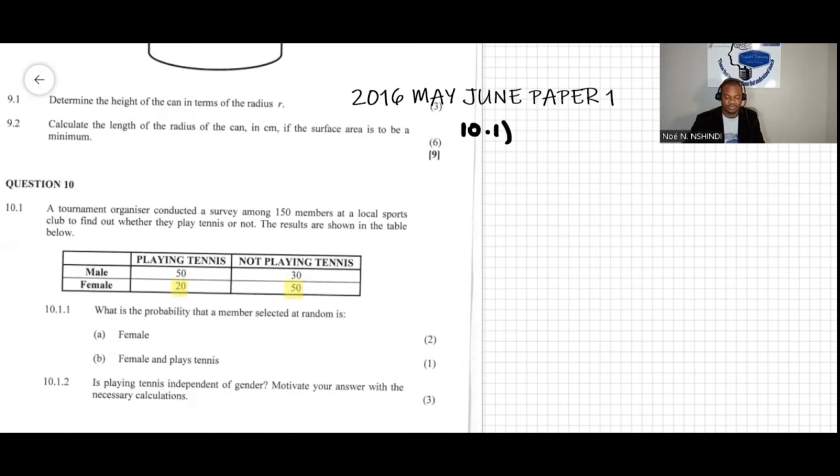So the probability of getting a female here would be 20 plus 50 all over the total, which is 150. We're looking for the probability of a female.